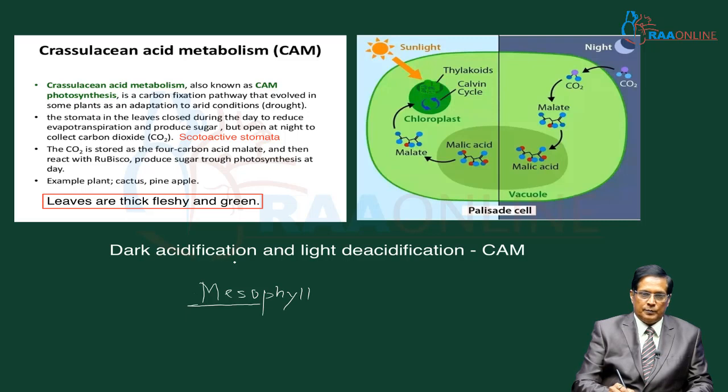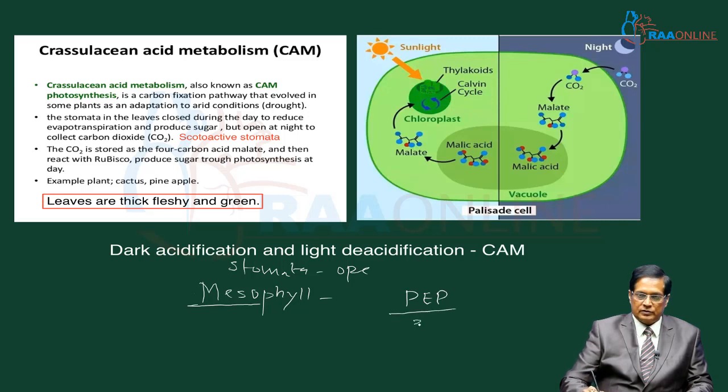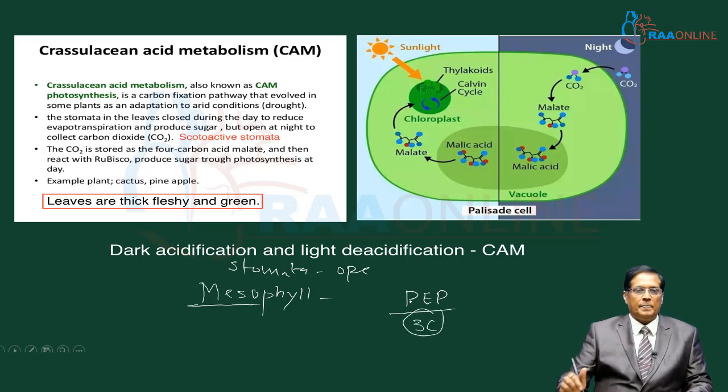When stomata are open, they have PEP like C4 plants, a 3C compound, phosphoenol pyruvate, and PEP has great affinity towards carbon dioxide.